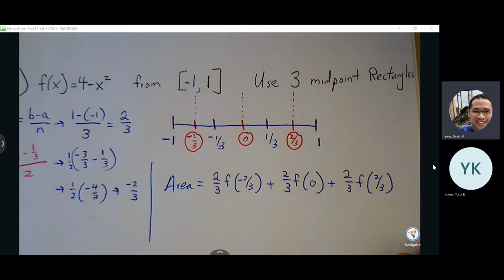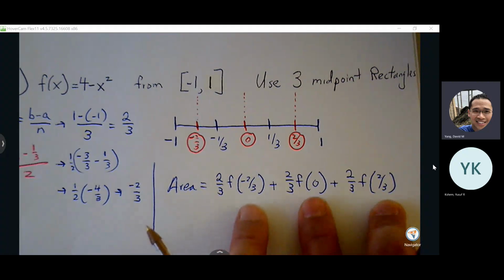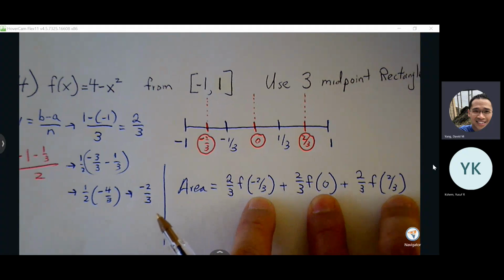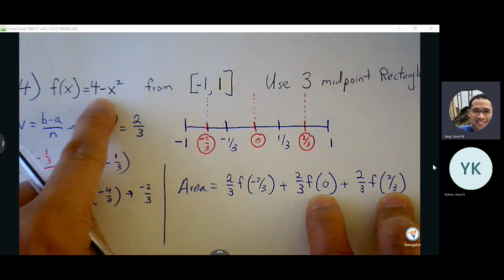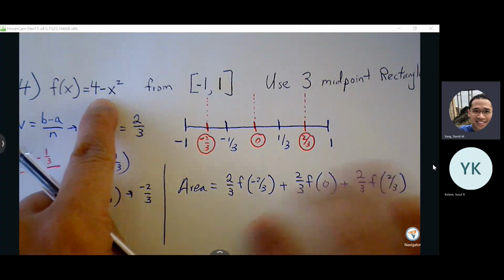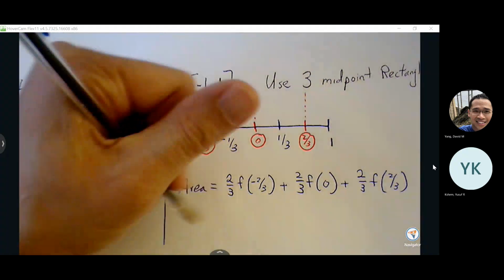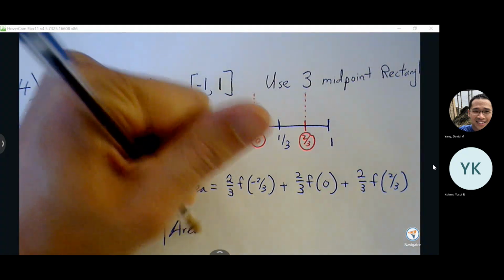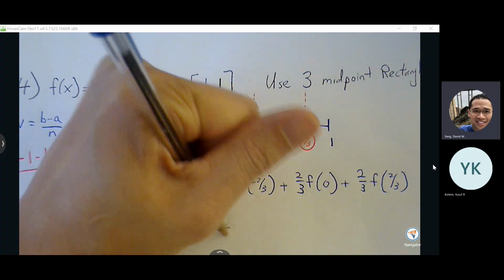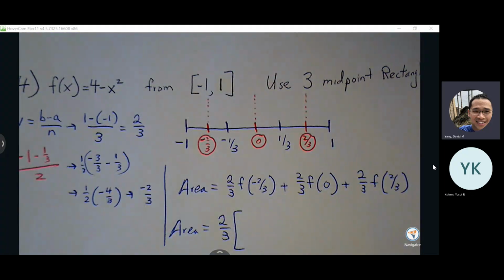And now we have very direct notes as to how to find those heights. We're just going to take these x values, insert into the function, and that will give us our y value. And then we can just add up all those decimals. Going to factor 2/3 out. So insert negative 2/3 into the function.